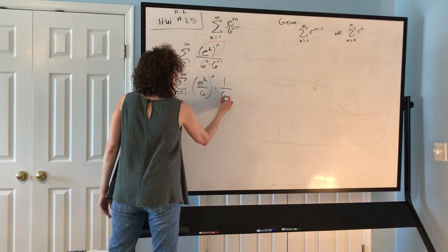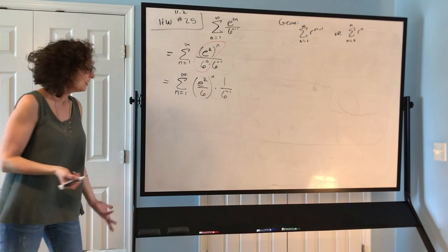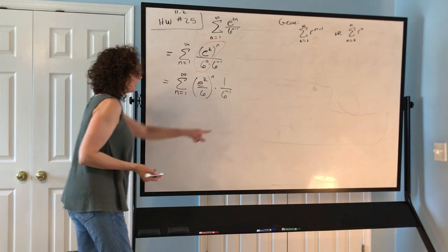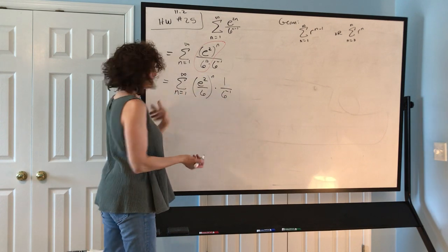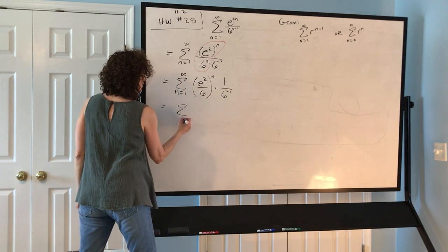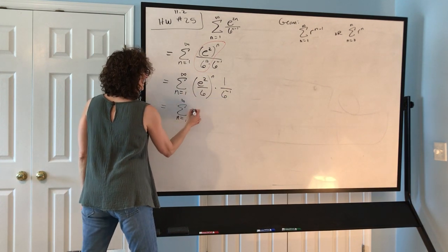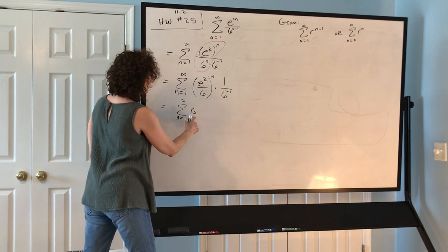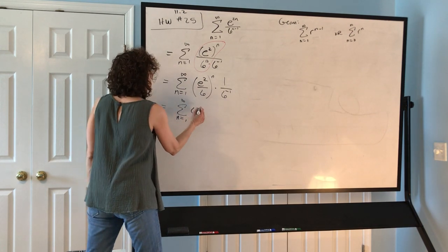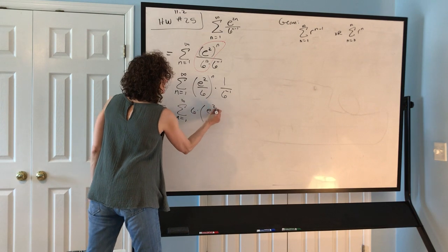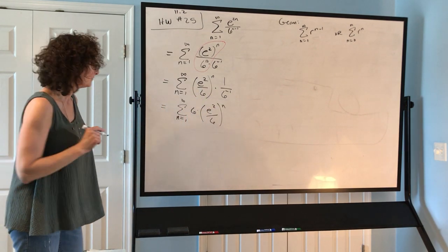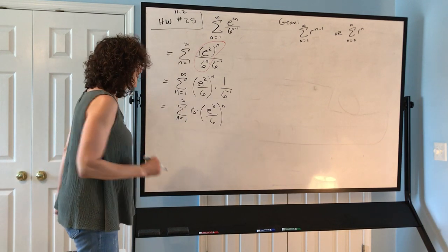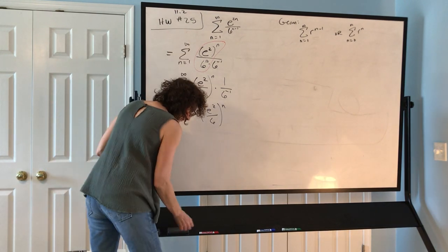Well, times 1 over 6 to the negative 1, right? Now, just for fun, what is 1 over 6 to the negative 1? Good, it's just 6, right? So that's just the sum n equals 1 to infinity of 6, a constant, like the a in the book, times e squared over 6 to the n. Okay, does that make sense? All right, so let's think about this guy right here.